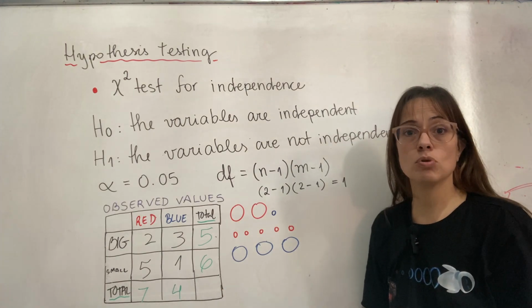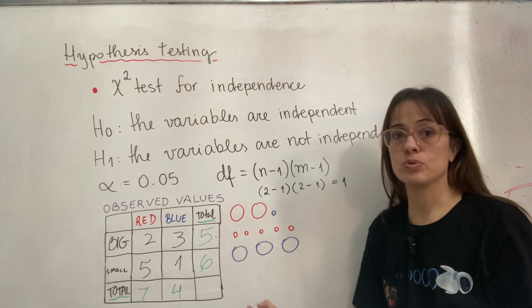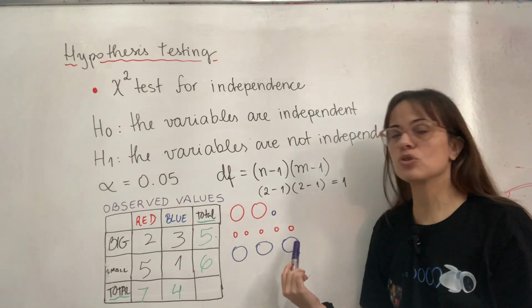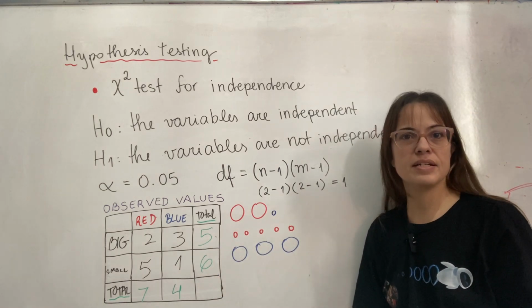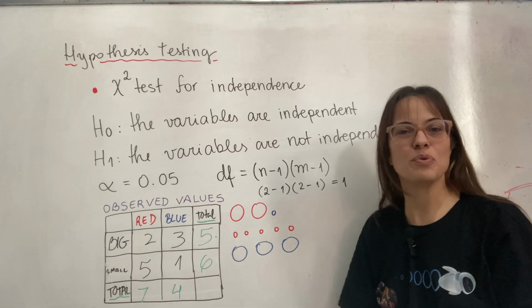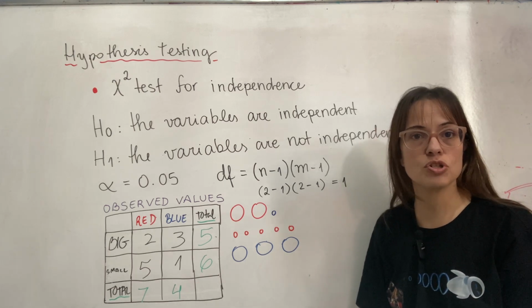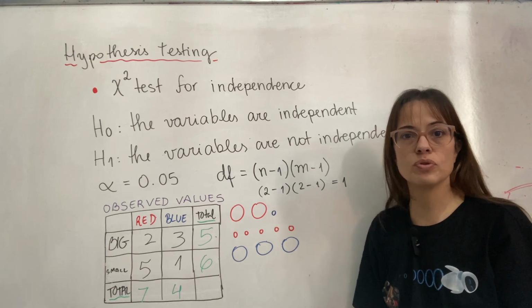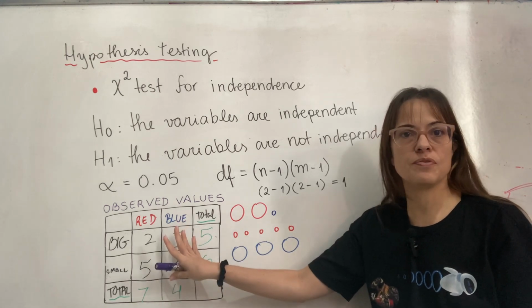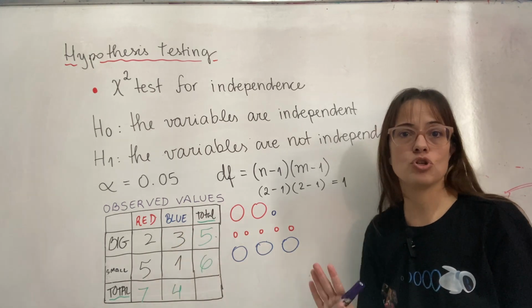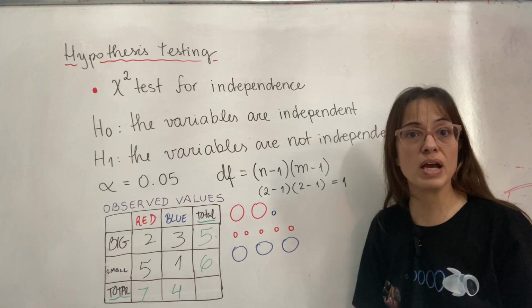So that is a table of observed values, which is how many balls you actually have in the box, and it's how many numbers from your data set fit into the categories that you're interested in studying. So the idea is to compare the observed values to another table that you're also going to write down of expected values.